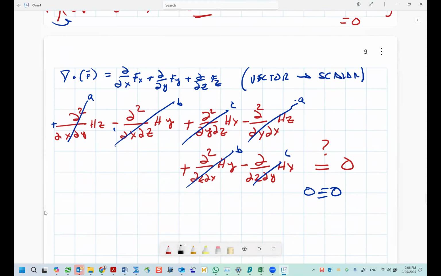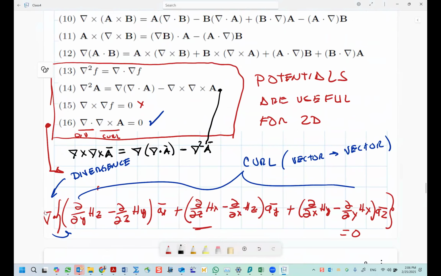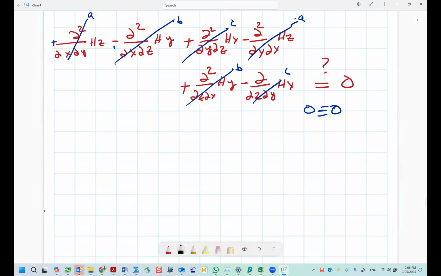Okay, so now there is one more function. The gradient here, let me just derive the gradient. The gradient, which applies to a scalar, takes you from a scalar to a vector.